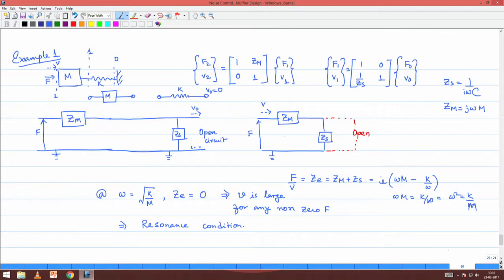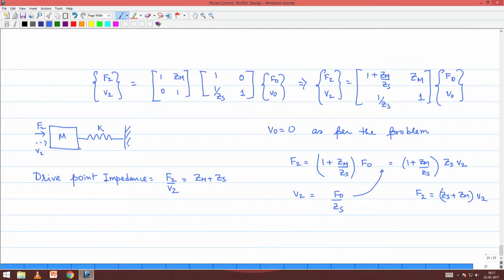So, in this electrical circuit we have the equivalent impedance as Zm and Zs, and this F and this V is basically the input force and velocity that is being offered to the mass. So, therefore, the drive point impedance is the equivalent impedance in the electric circuit, and that can also be calculated using the transfer matrix method as shown above.